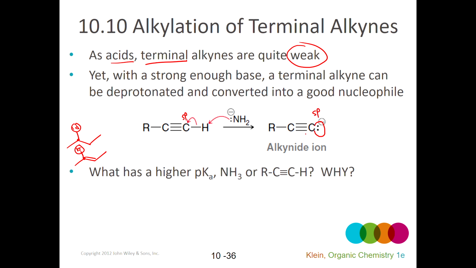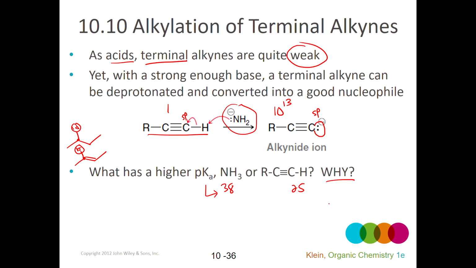And we said the base to do that is NH2 minus. Because NH3 has a much higher pKa value than the alkyne, and there's about 13 pKa units difference, this reaction will favor the product side by about a ratio of 10 to the 13th to 1. So this base is definitely strong enough to quantitatively convert every molecule of this, for the most part, into a nice looking nucleophile.